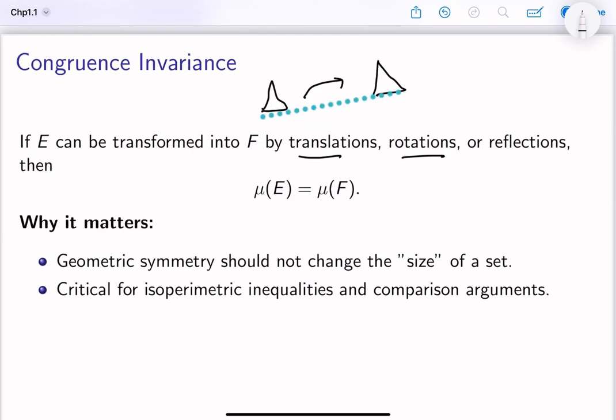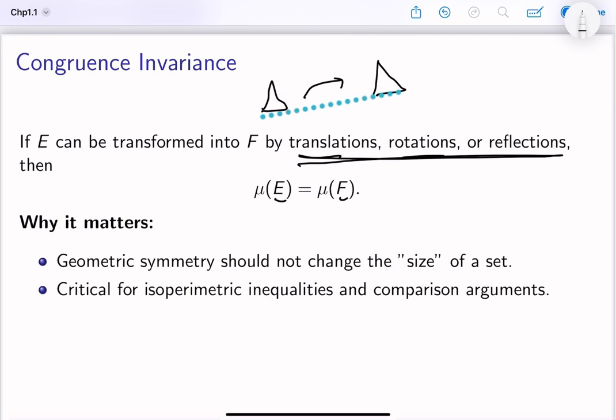If I rotate this triangle, I don't want its volume to change, or if I reflect it or whatever. So we want the measure to be invariant, in the sense that if we have two sets that are congruent, like one of them is the translation, rotation, reflection, or a composition of these of the other, then we want the measure not to change.